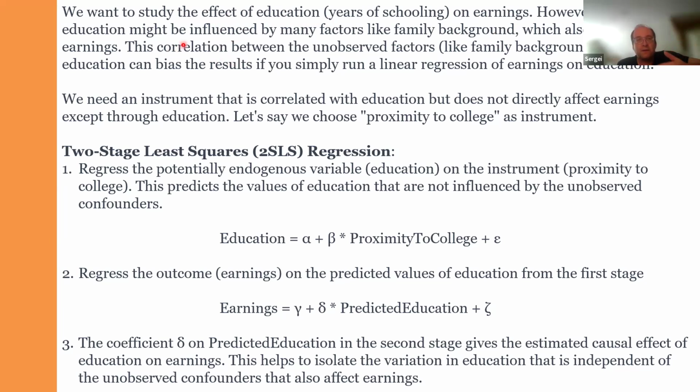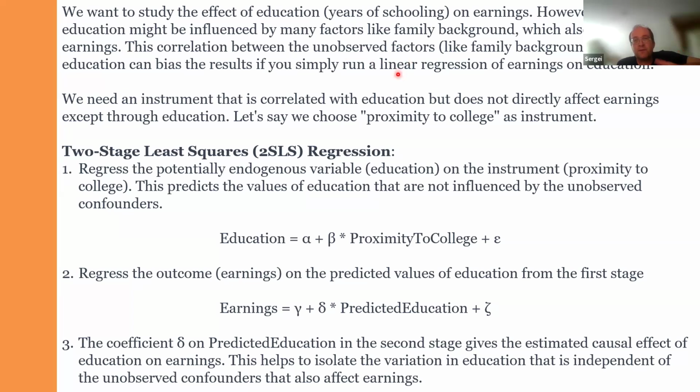The level of education can be affected by many factors, like family background, but family background also affects earnings, right? Very often, if I'm coming from an upper class family, that affects what type of school I'm going to go to, but it also will affect what type of position and industry I'm going to have.